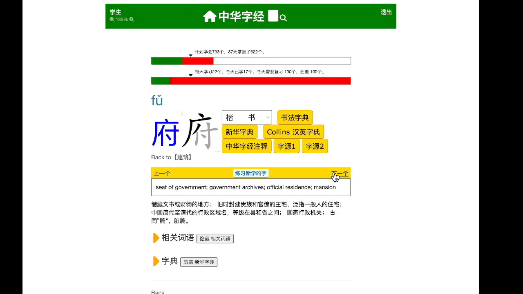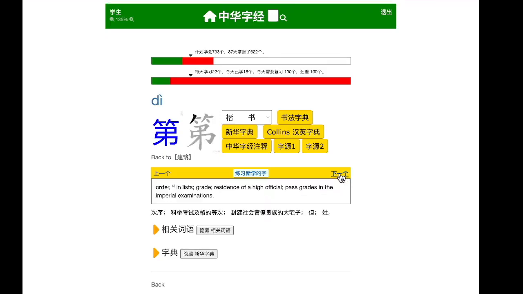府 is a seat of government, government archives, an official residence or mansion. 邸 can also refer to a residence of a high official. 第 can also mean passing grades in imperial examinations. This is not a meaning that's used anymore, but in older times it would be pretty frequently. Most commonly, 第, we use it for order.